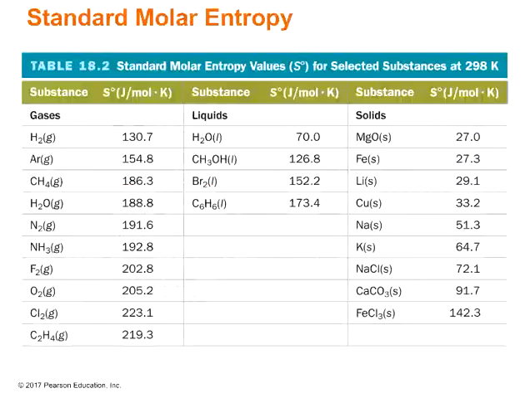Now, in your textbook, there's a table summarizing some standard molar entropy values at 25 degrees Celsius or 298 Kelvin. So again, you'll notice that all of these entropy values are above 0, so they're all positive.